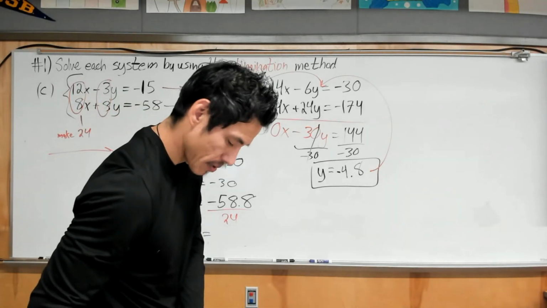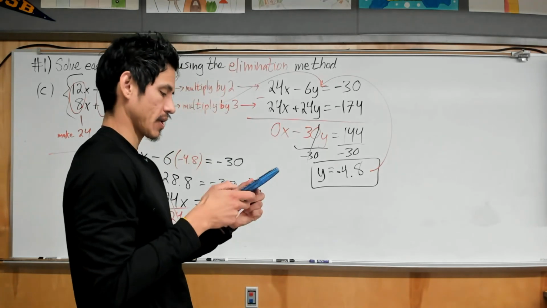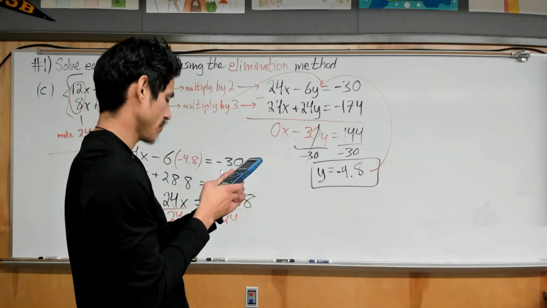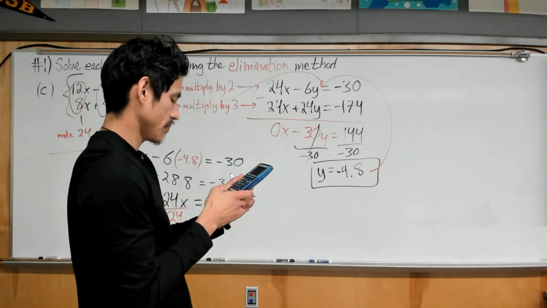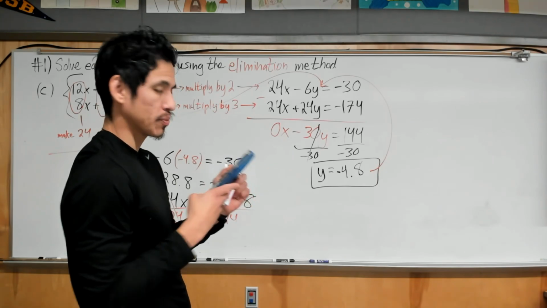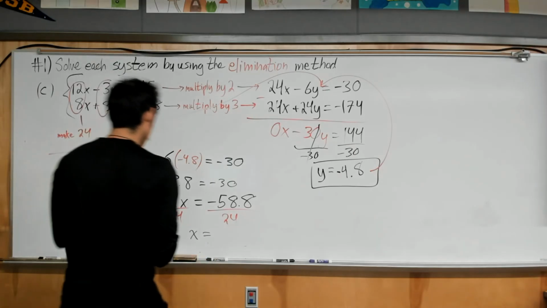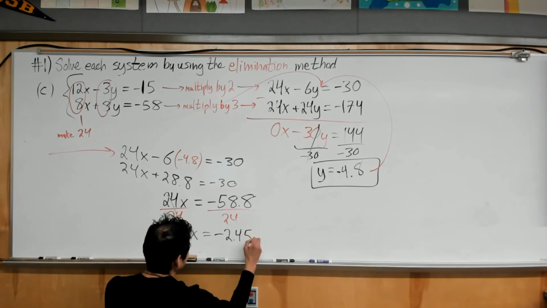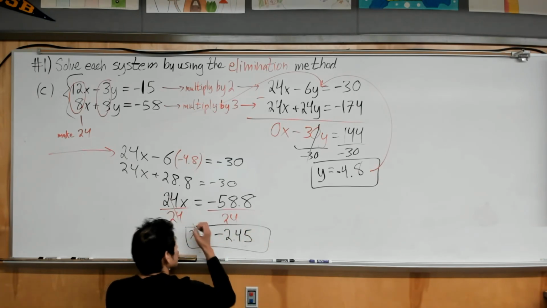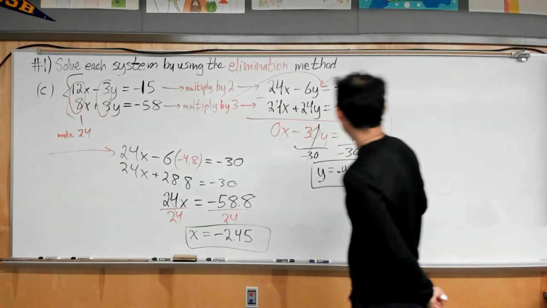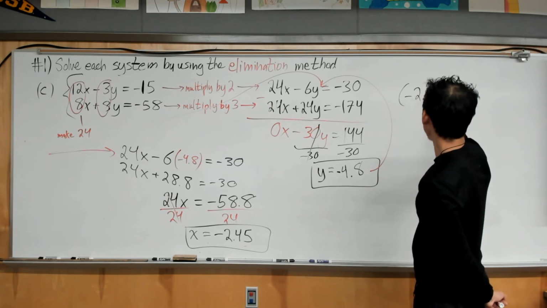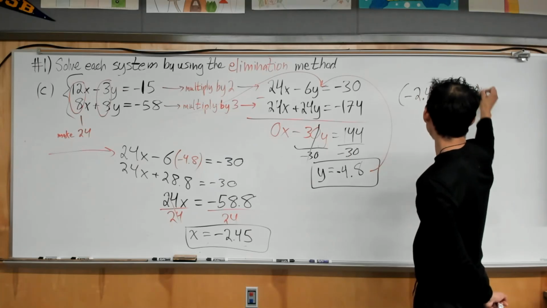I don't know. Calculator, tell me that. Oh, it doesn't. 58.8 divided by 24 is 2.45 with a negative sign in front of it. All right, and let's make it official by putting them together. Negative 2.45, comma negative 4.8.